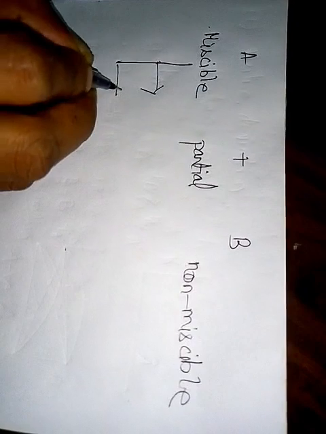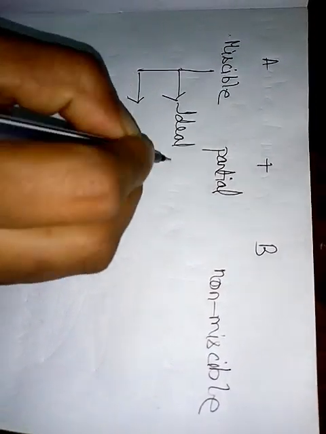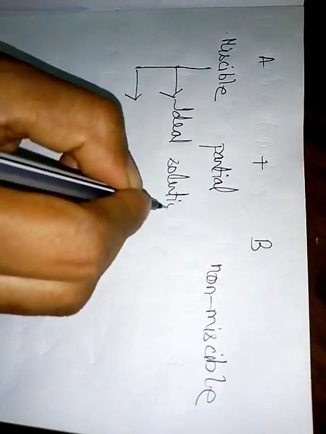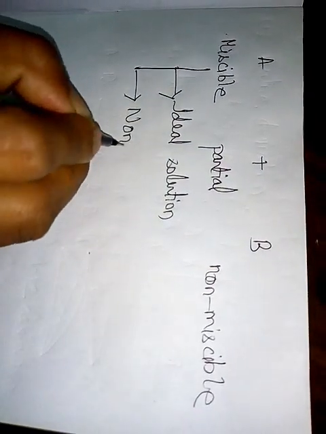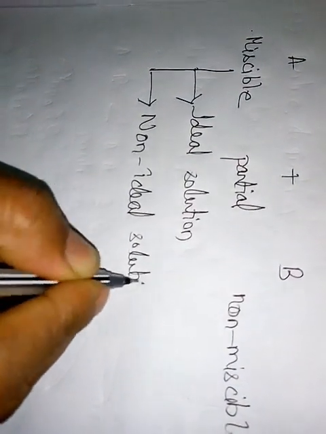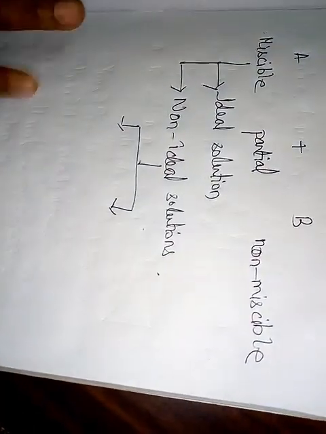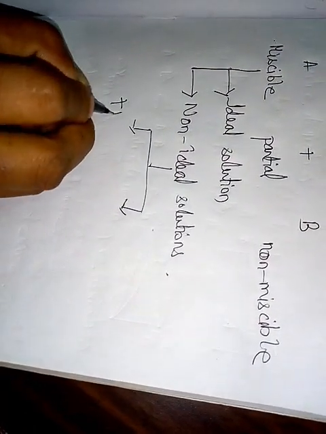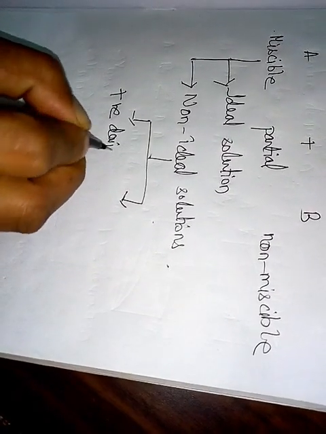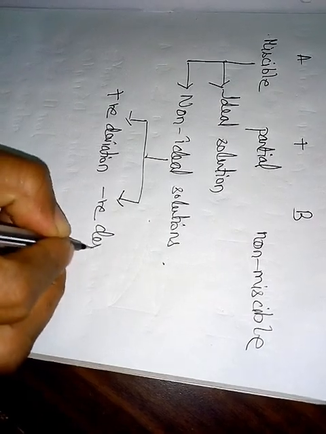Now for miscible liquids, we have two categories: ideal solutions and non-ideal solutions. Now these non-ideal solutions are again divided into two categories. One is positive deviation and the second category is negative deviation.